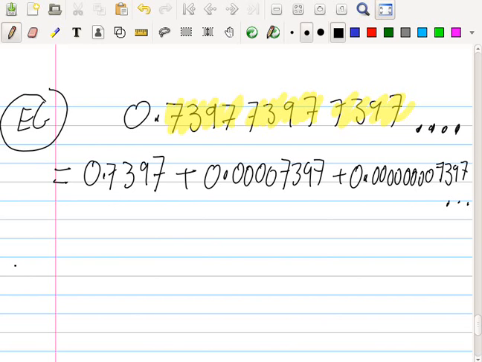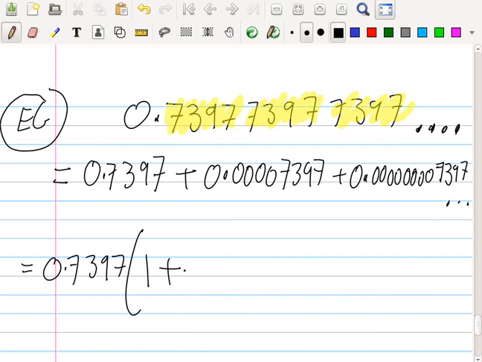So what I'll do is divide everything by this. So that's equal to 0.7397 times 1 plus, now can somebody type this in and then divide it by this? Because I'm taking this out of everything. No, I want this divided by this because I'm taking this out of everything.